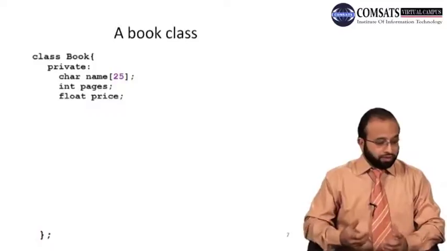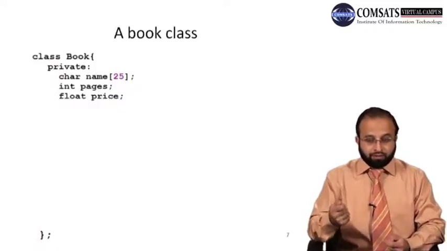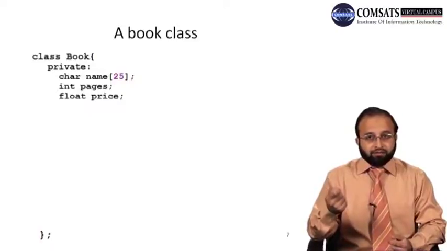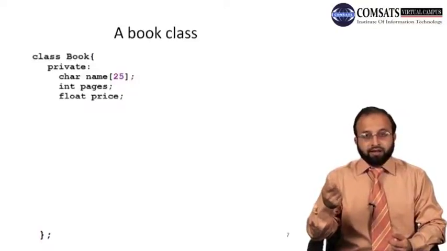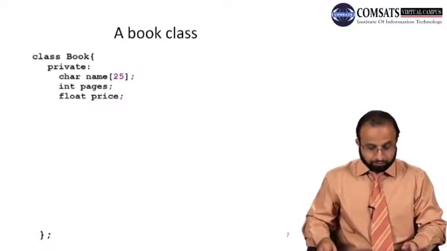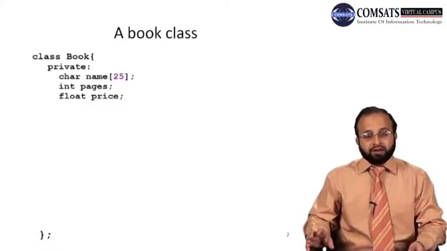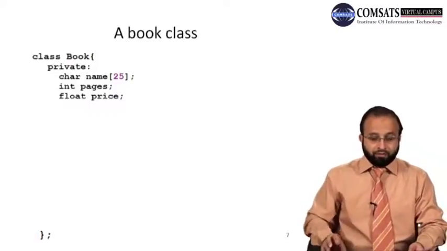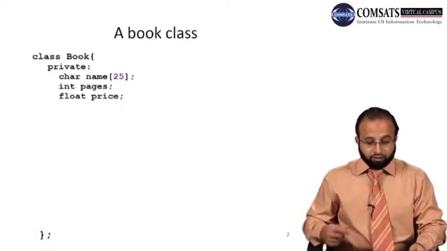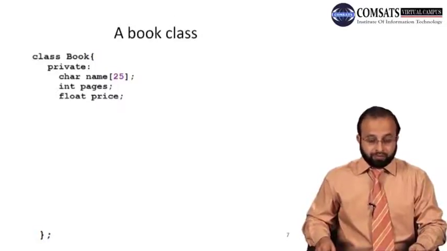For example, any book has some name, some price, and some number of pages. So these are the attributes of that book, right? We represent the attributes using variables, and we make the variables private in the class. I will tell you why it is private and what private means.